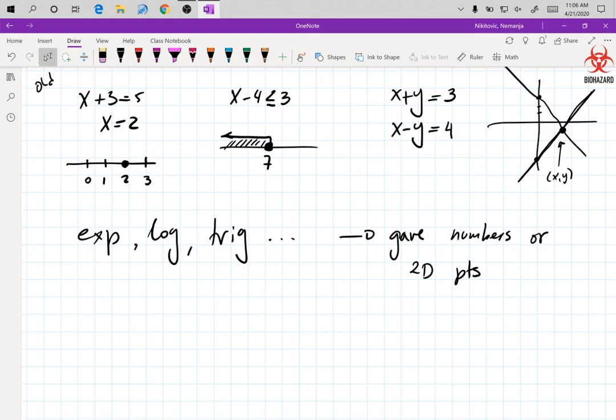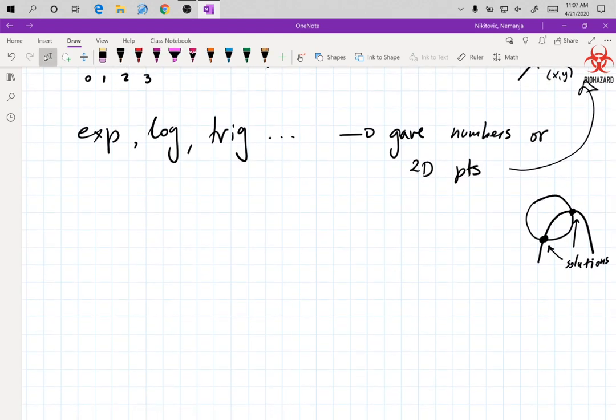Let's say you intersect a parabola and a circle, and it gives you 2D points, these two as solutions. So this is the evolution of your solutions, and it's always a number, whether it's a one-dimensional number or a point in space, which you can call a two-dimensional number, just like a complex number is a two-dimensional number.